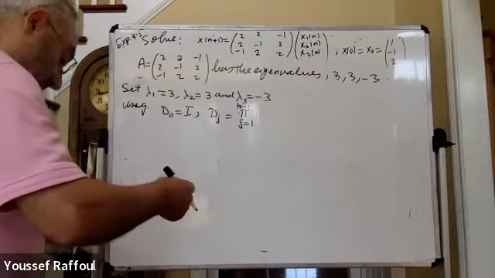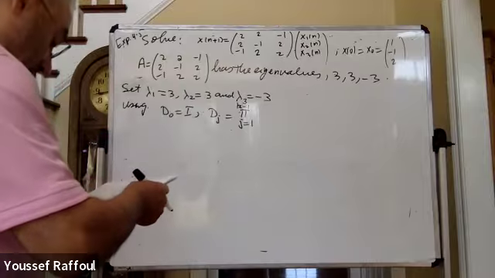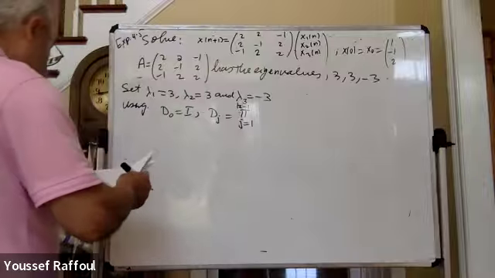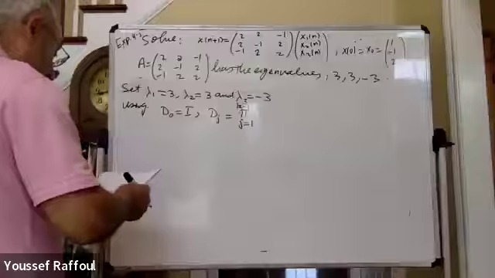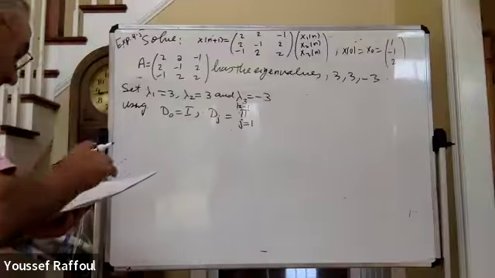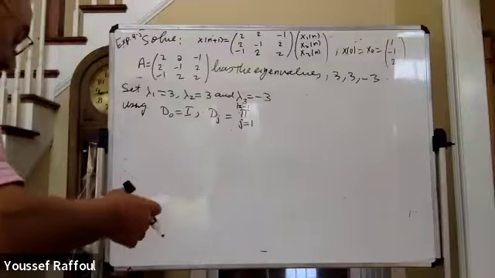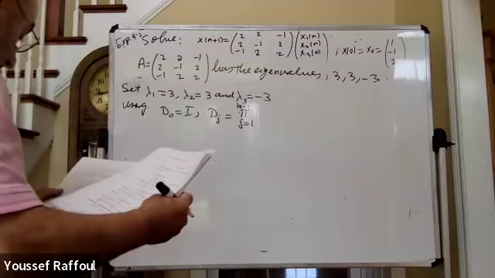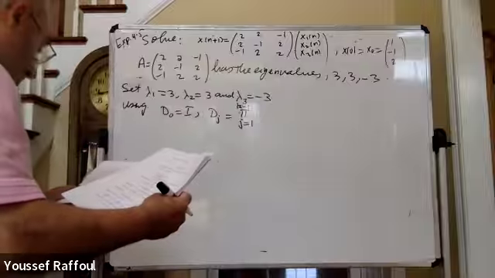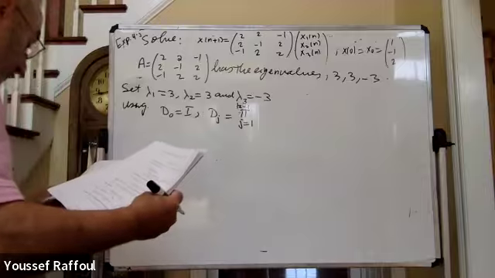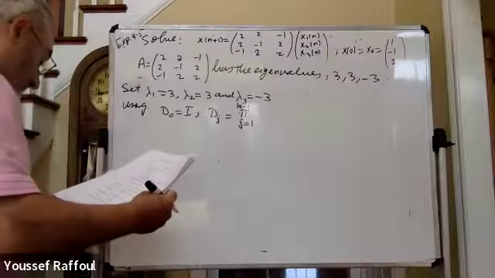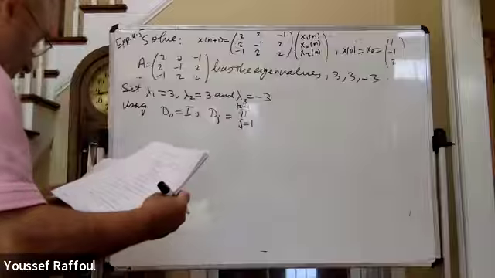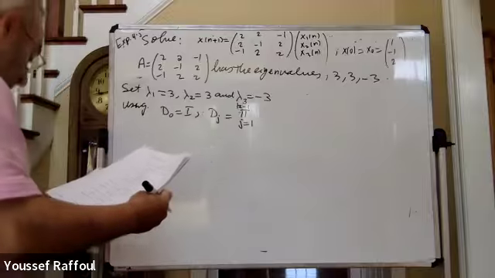I'm looking for my Dj. I'm looking at the statement of the theorem. I can't find it. Oh, k equal 1 to j. All right.